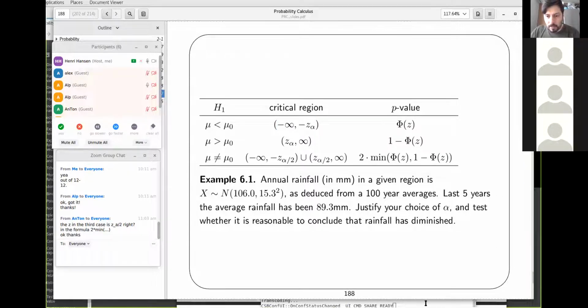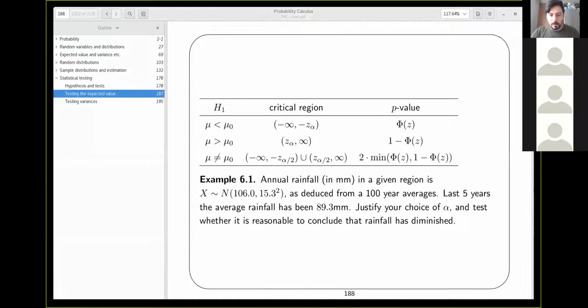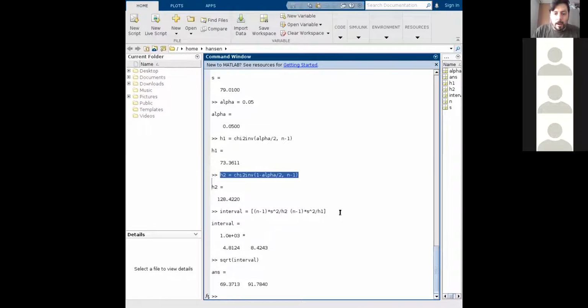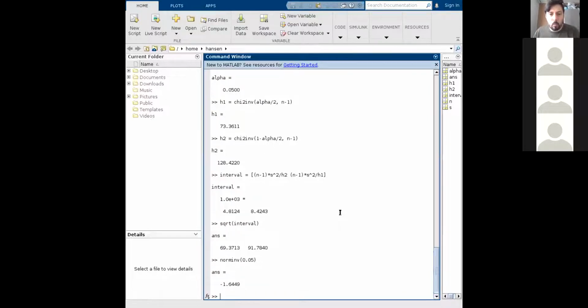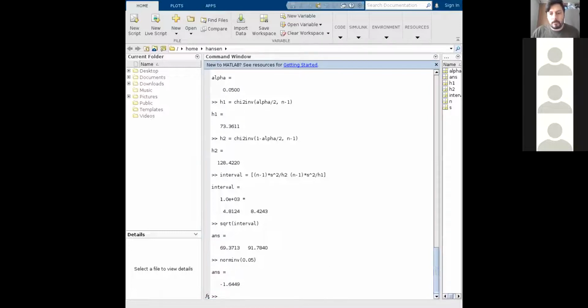Well, let's use MATLAB. I'm going to calculate that, z 0.05. So I get minus 1.6449.